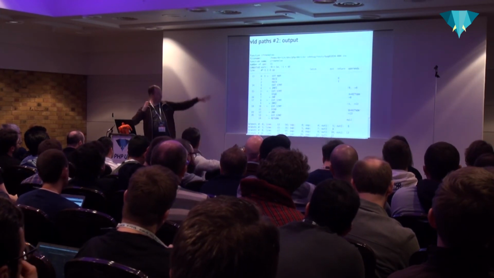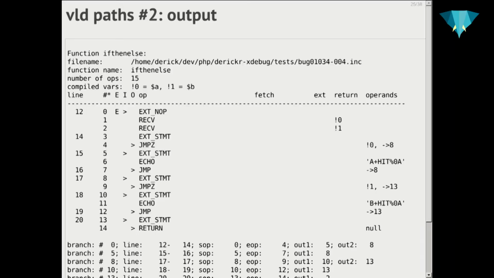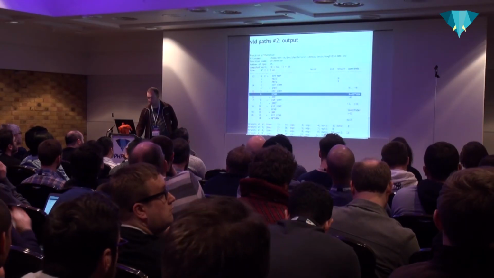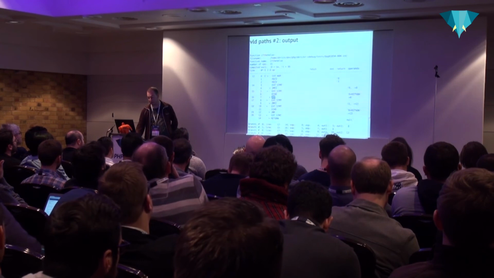This is just the if_then_else function. It reads two arguments. It then does a jump when the compiled variable, which refers to A here, is false. When it is false, it jumps to instruction 8, which is the next if statement. If it is true, then it will continue with the next operation here, just the echo, and then there's a jump to operation 8.